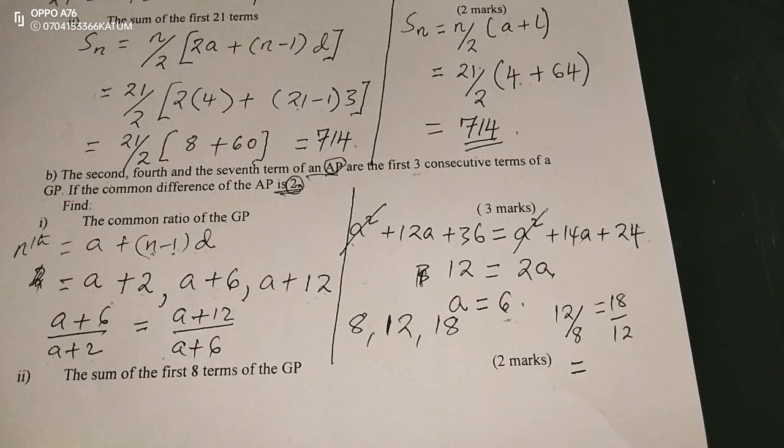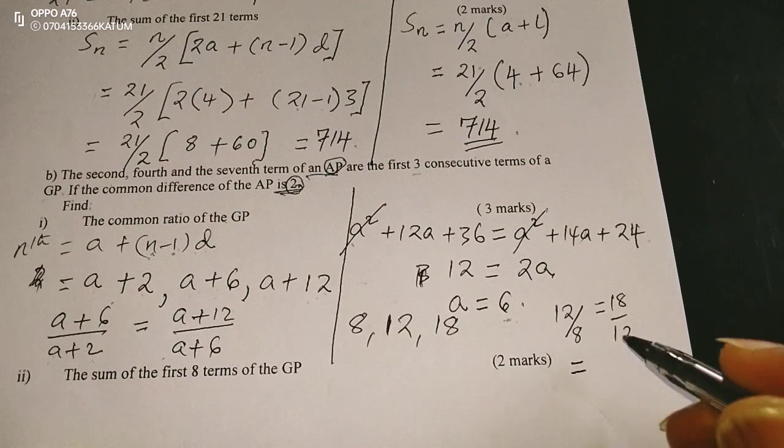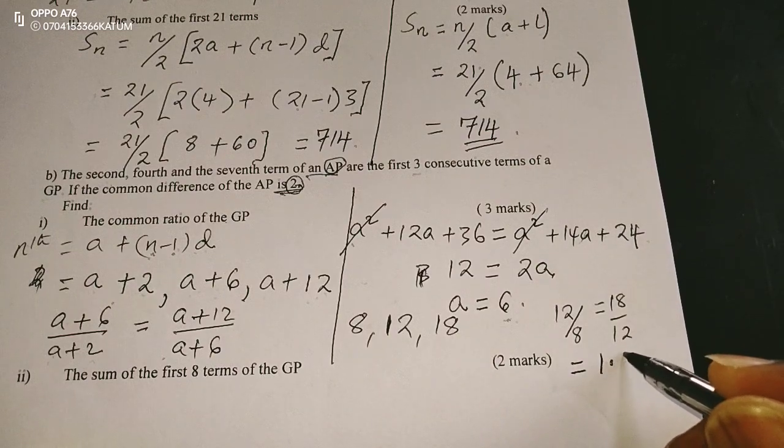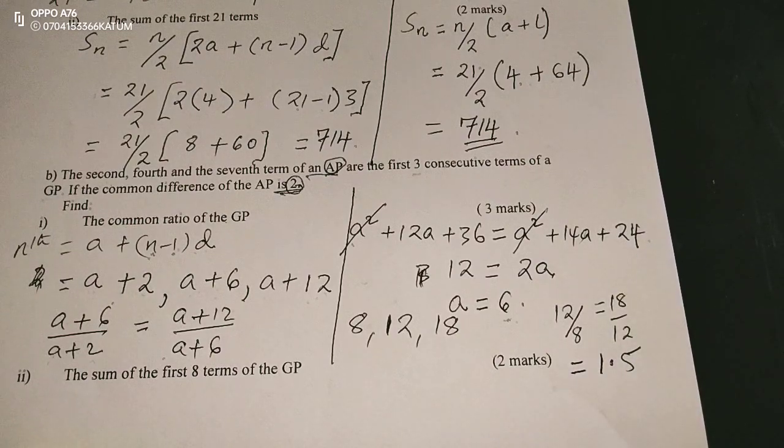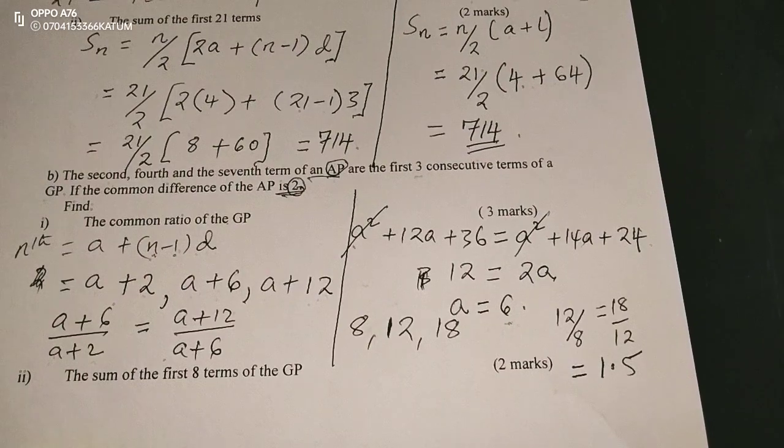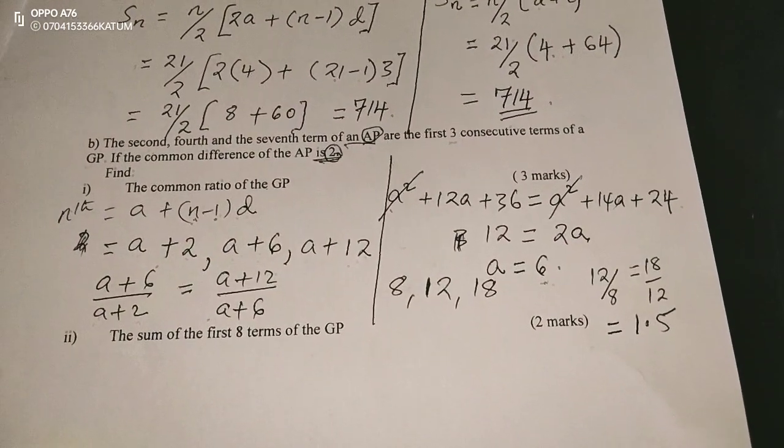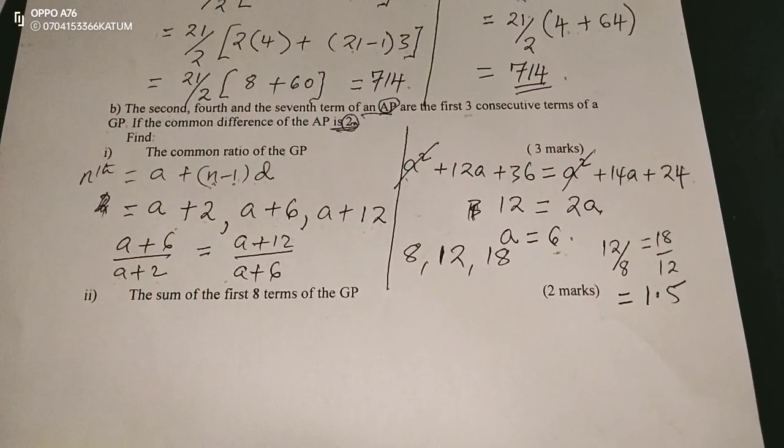So when I take 12 out of 8, this gives me 1.5. When I take 18 out of 12, I'm getting the same. Therefore, the common ratio for the GP is going to be 1.5.